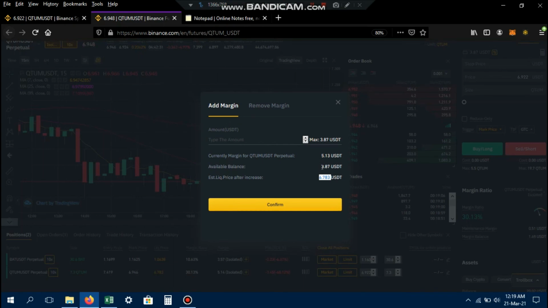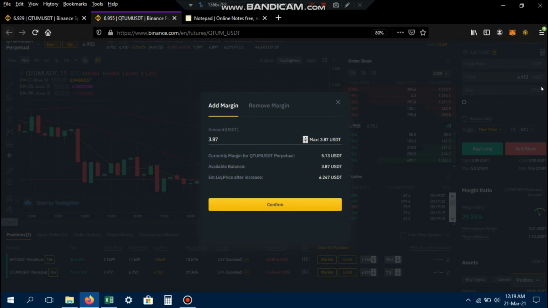Now I have some USDT and I saw that the market price is coming downward and I can be liquidated. So to make it lower, what will I do? I'll add my balance. Now you saw that as I added more USDT, the liquidity got lower. From 6.783 it came to 6.247.